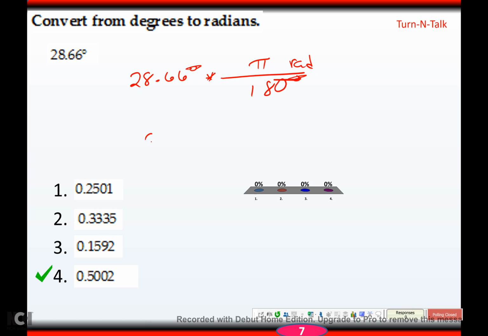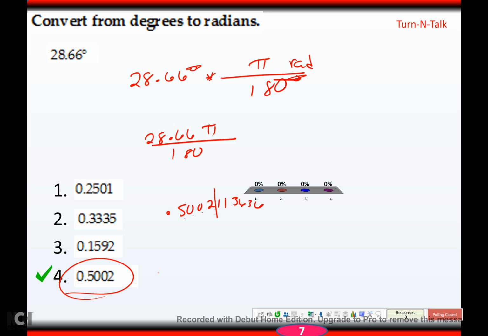Degrees cancel, so I have 28.66 pi over 180. If I type that in, 28.66 pi divided by 180, I get 0.5002113636. Apparently they're going out 1, 2, 3, 4 places, so one didn't bump it up.